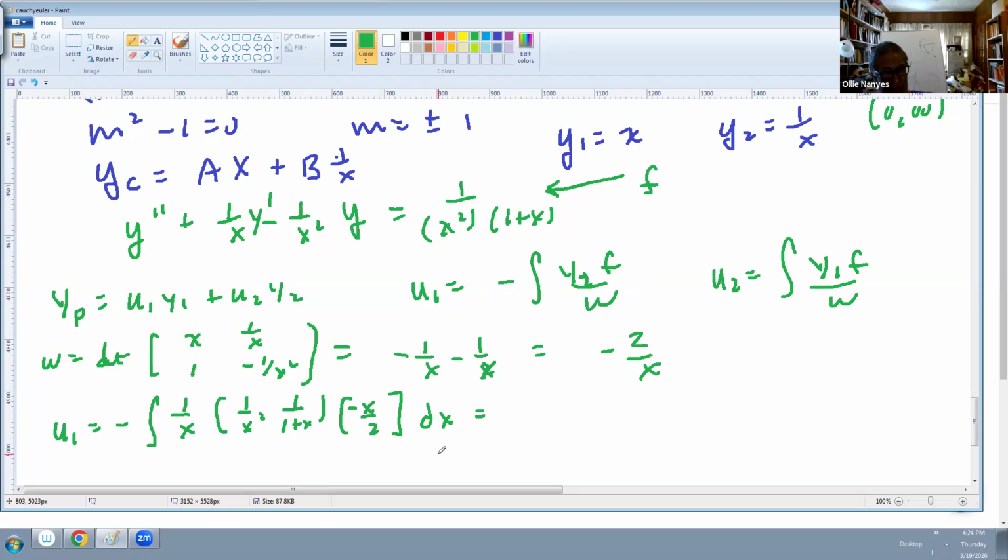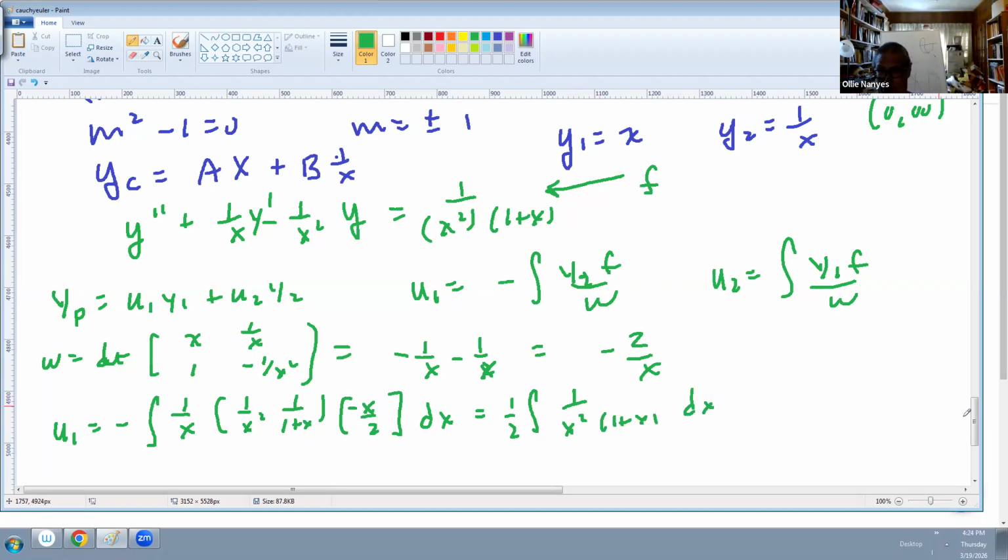And if we take a look at what happens here, we end up getting the integral. The x's cancel, and we get the 1/2 from here. We have 1 over x squared, 1 plus x.